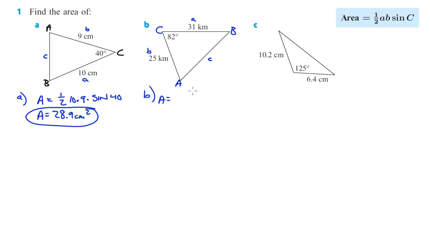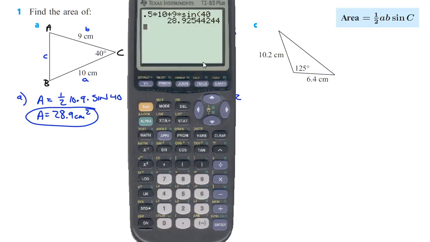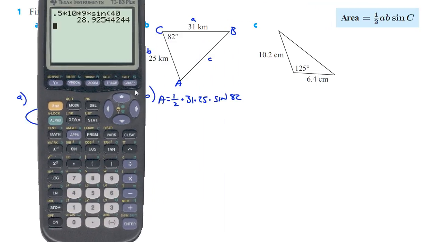So the area is going to equal 1/2 A, which is 31, times B, which is 25, times sine of C, so sine of 82. Okay, so again, we'll just put this into our calculator and away we go.